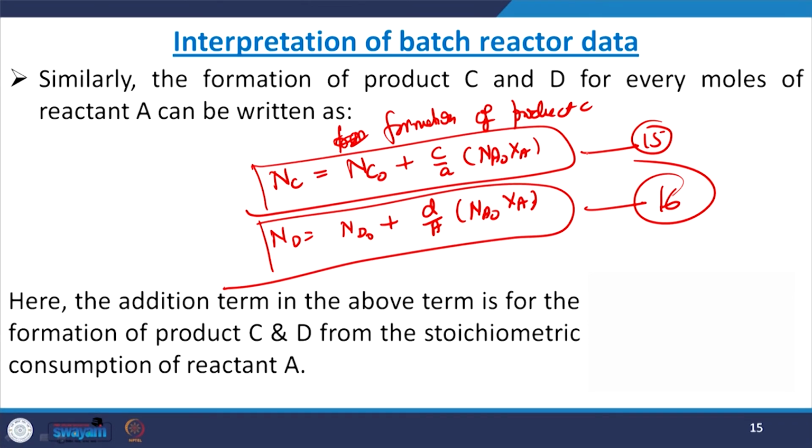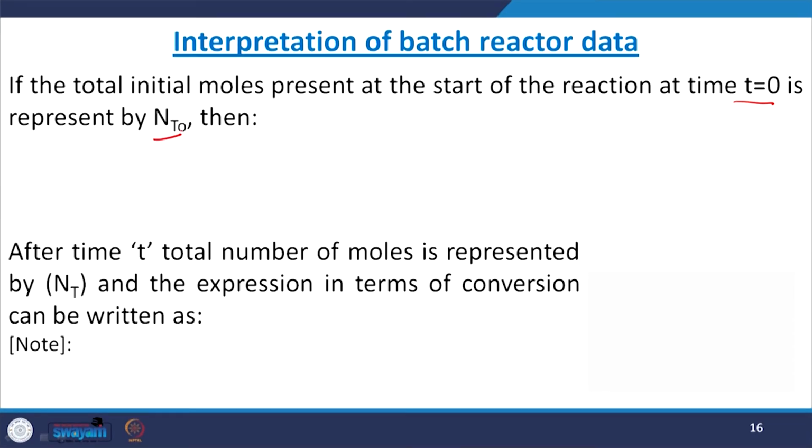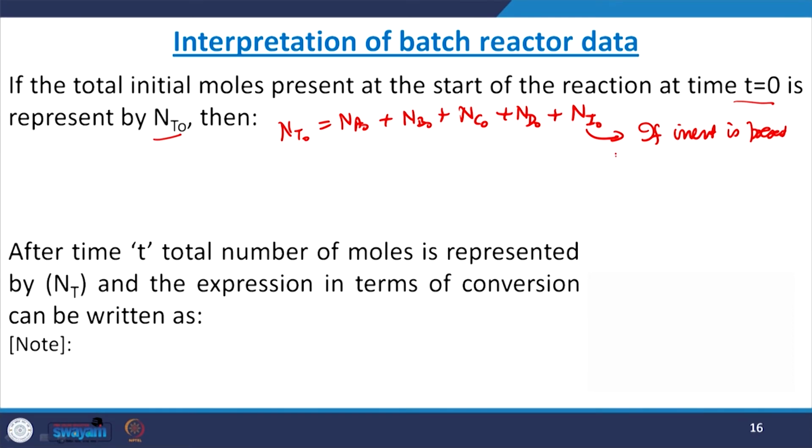Here the additional term in these two equations is the formation of products C and D from the stoichiometric consumption of reactant A. Now, if the total initial moles present at the start of the reaction, at time t equal to 0, is represented by Nt naught, then we can write the generalized equation: Nt naught is equal to Na naught plus Nb naught plus Nc naught plus Nd naught plus Ni naught, if an inert is present in the reactor.